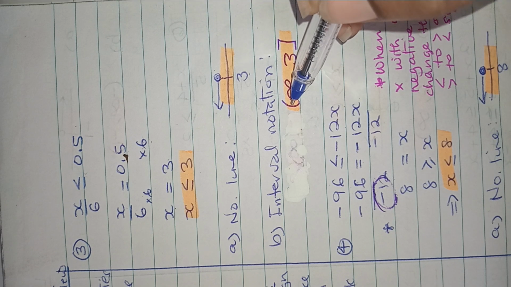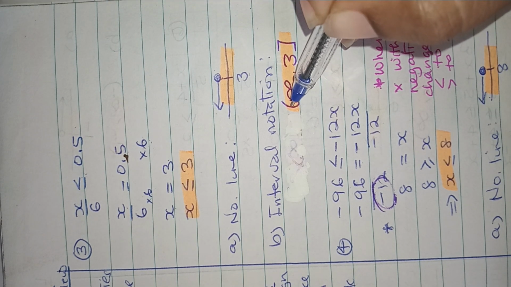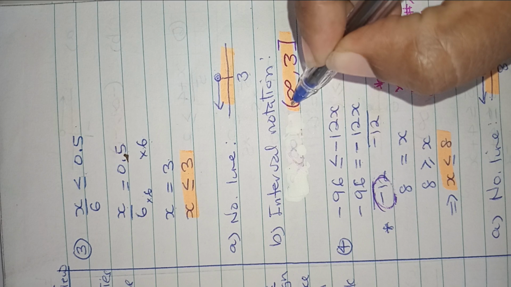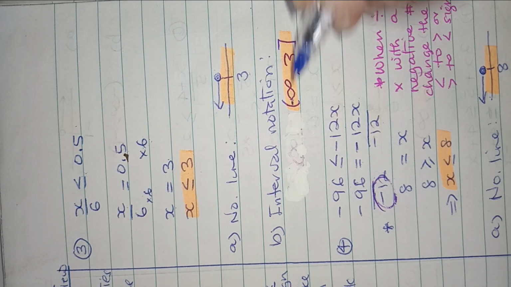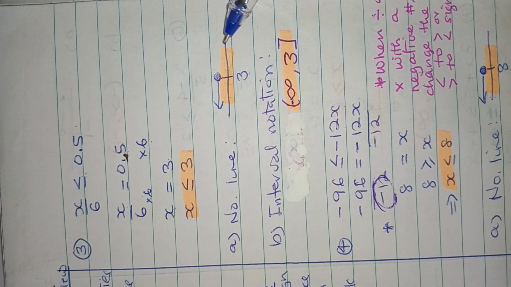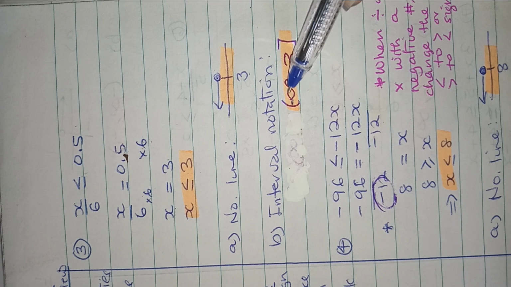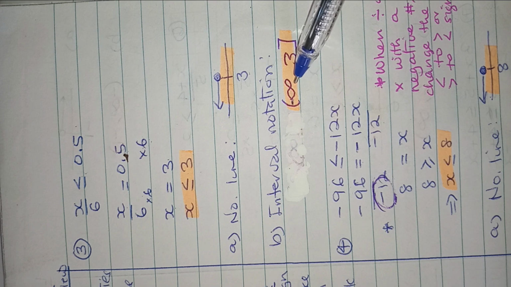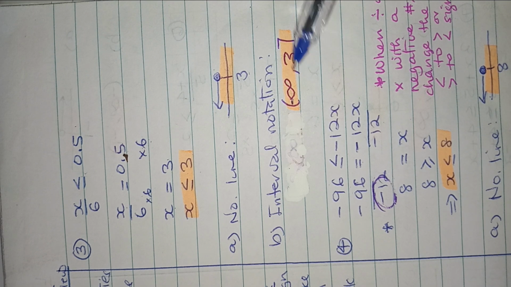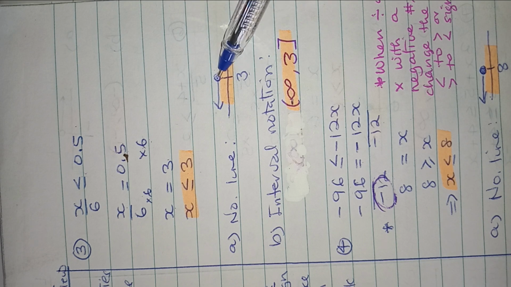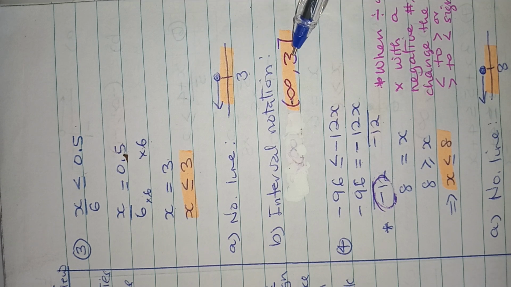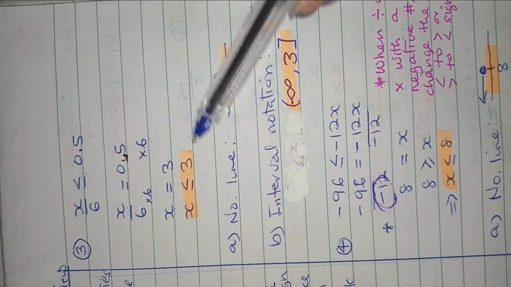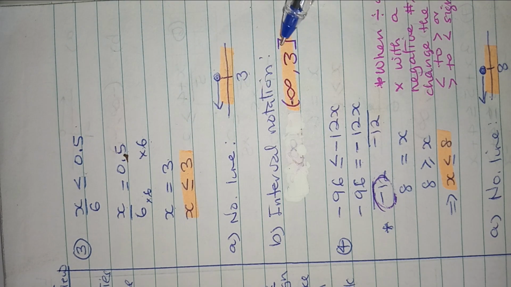It means we have a negative infinity as the lowest x value, and we always use a round bracket with infinity because we don't know exactly what the value of infinity is. And the highest value is 3, and since 3 is also equal to x, we close it off with a square bracket.